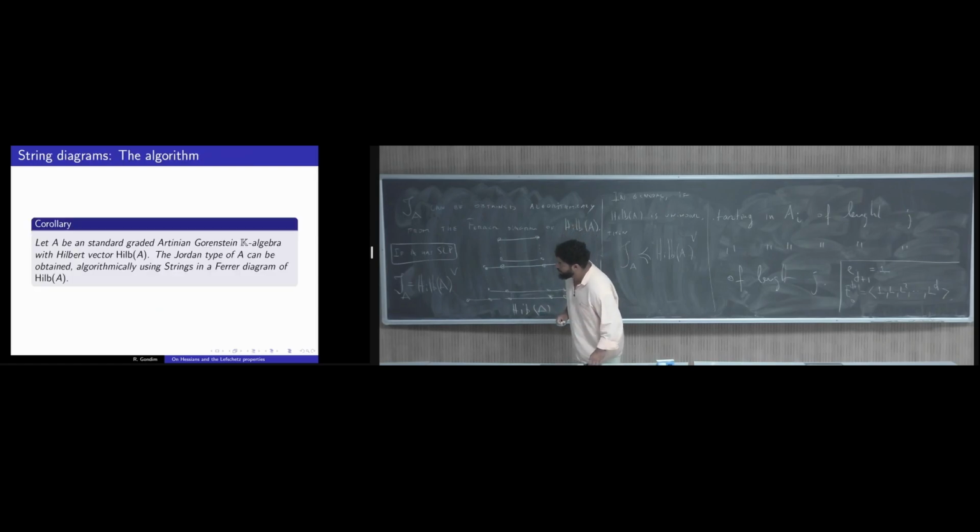Now, till the end of this lecture, I'll be interested in computing Jordan types using the algorithm, Jordan types of Artinian Gorenstein algebras with low socle degree.